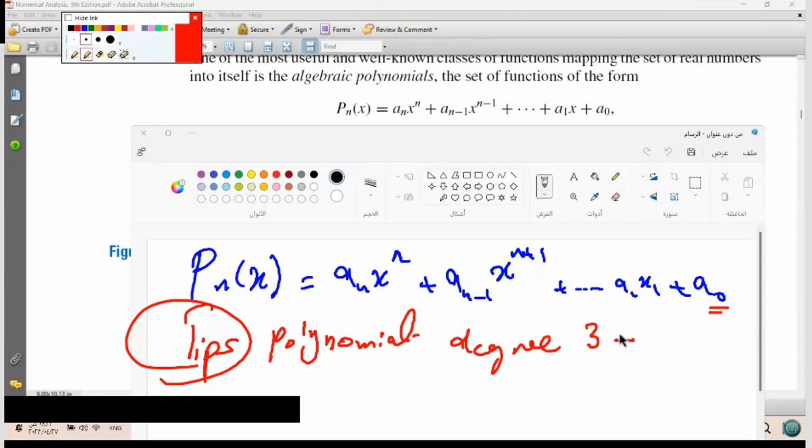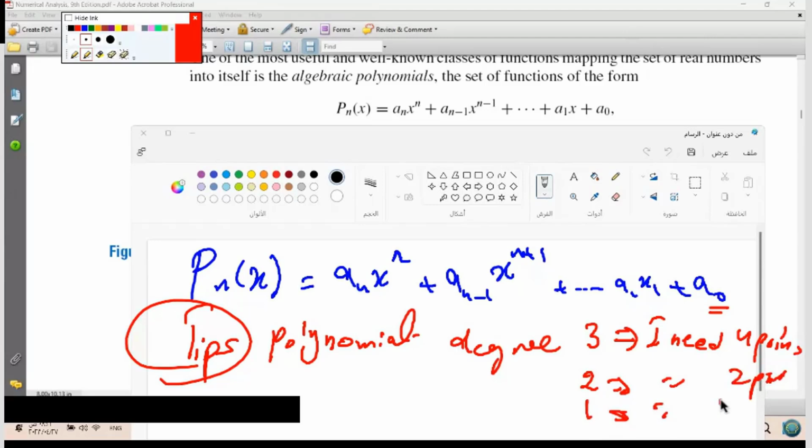That means I need 4 points. Degree 2, I need 3 points. Degree 1, I need 2 points.